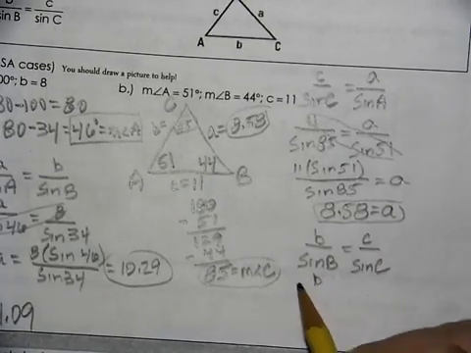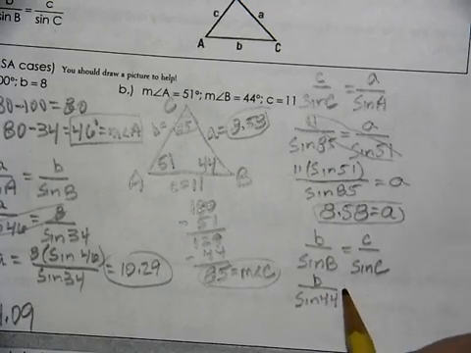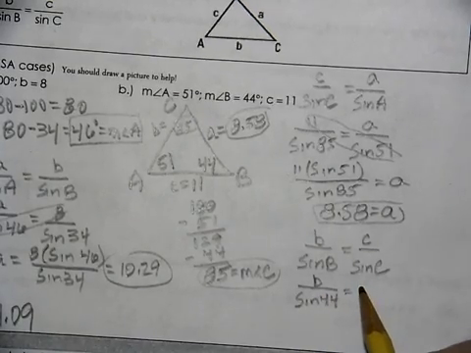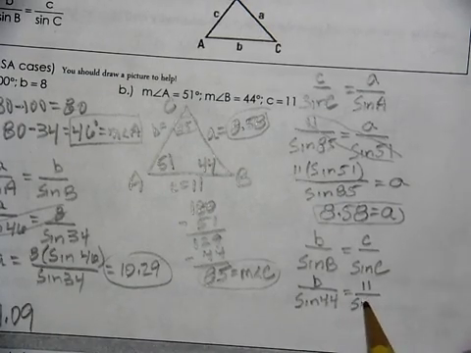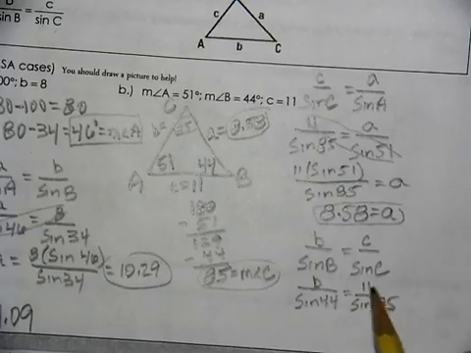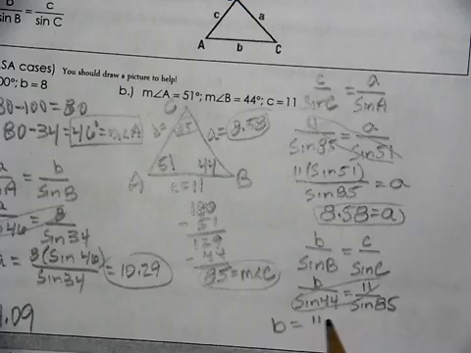So side B we don't know. Sine of 44, 11 over the sine of 85. We'll cross multiply to get B by itself.